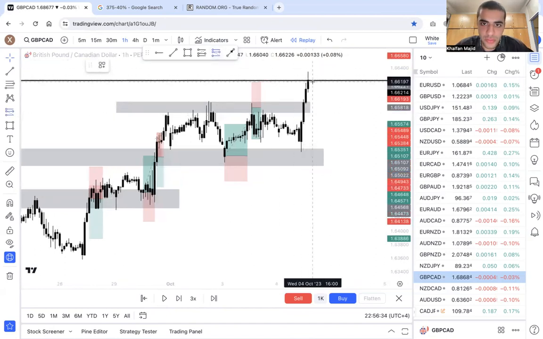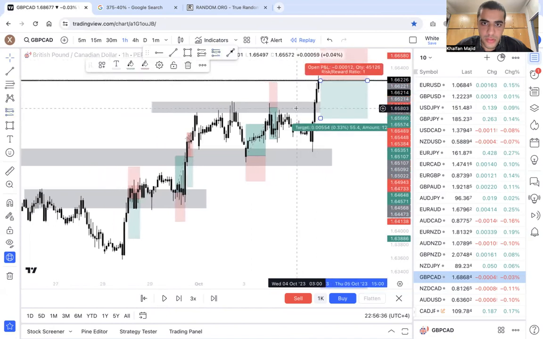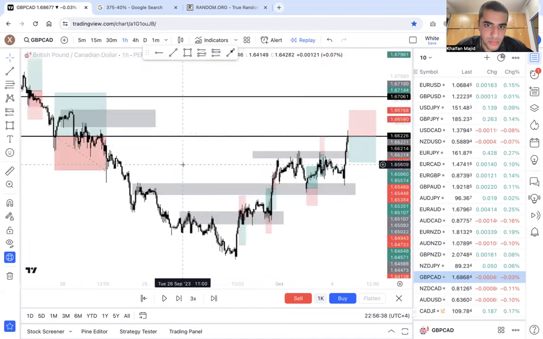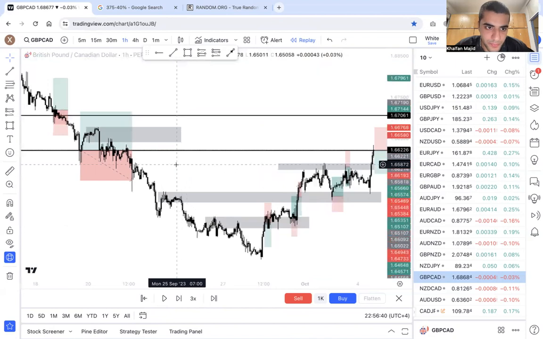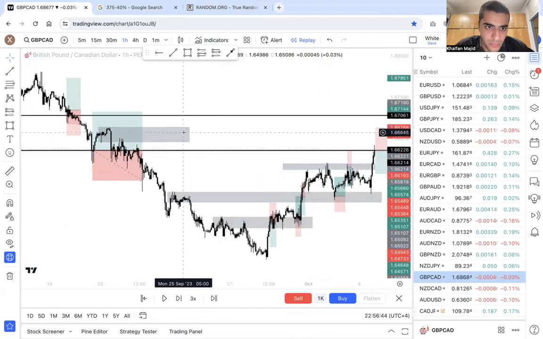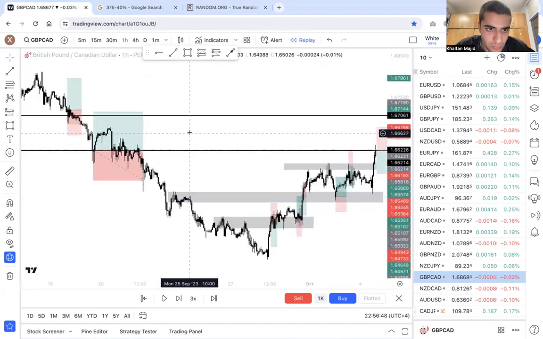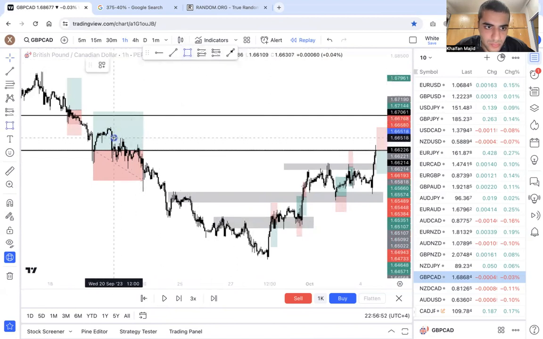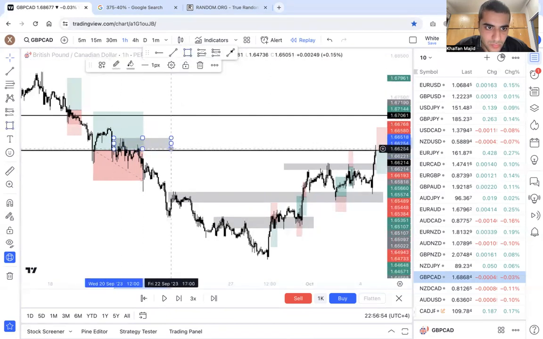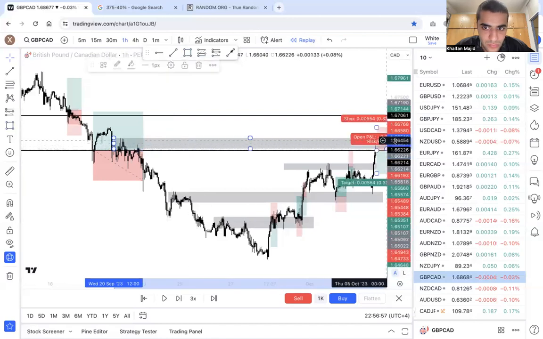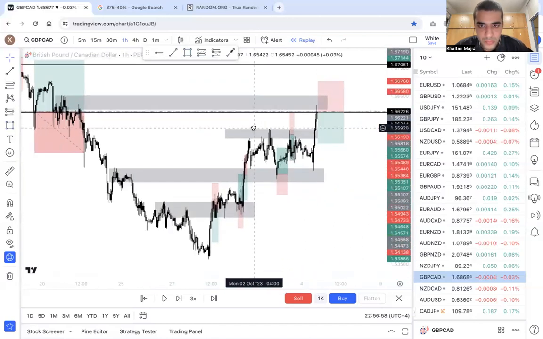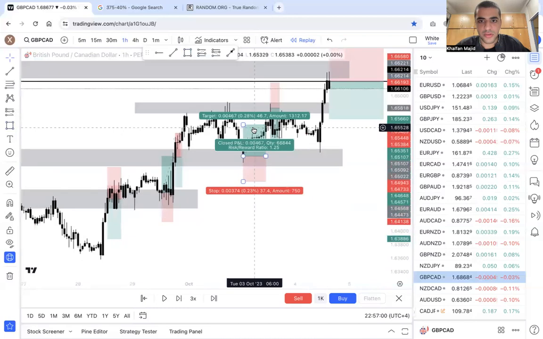Okay, so that's a zone. So I'm not entering now.